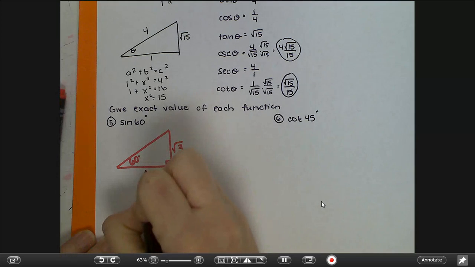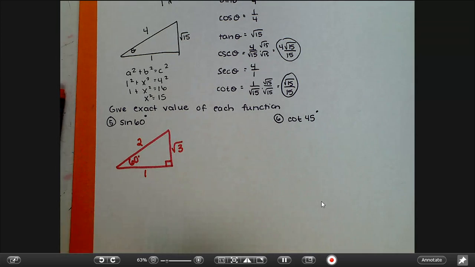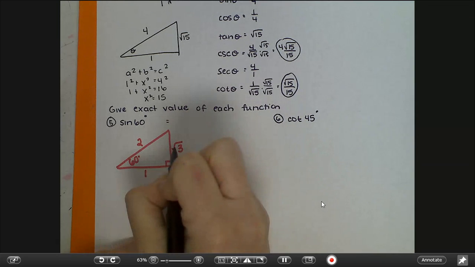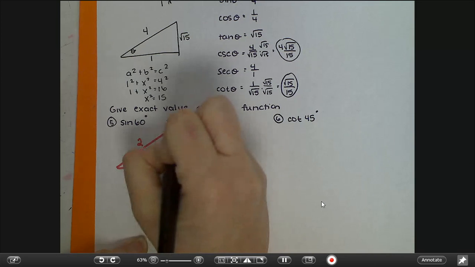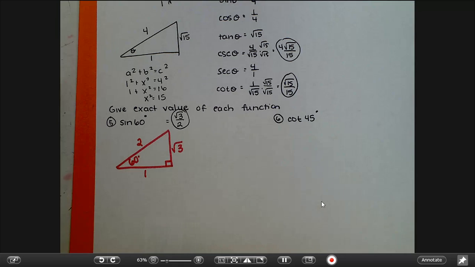Because across from the 30, it's 1, and the hypotenuse is 2. And all you have to do now to get the exact value is write the sine ratio. So the sine ratio of 60 is opposite over hypotenuse. And that's it. That's all you'd have to do to find the exact value.